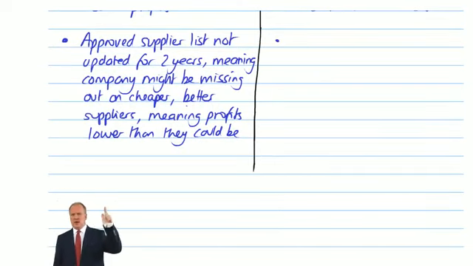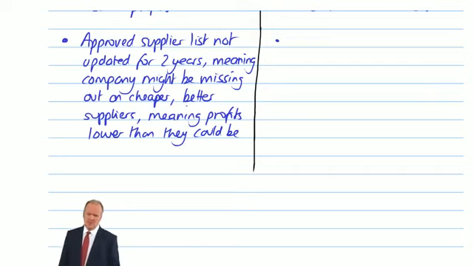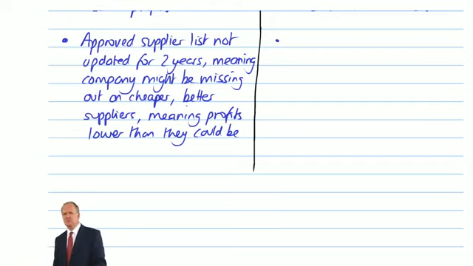Who, how often? Who should be updating the approved suppliers list? Purchasing director, I would have thought. How should they do this? They should go to all existing suppliers on a regular basis, I would say at least every year, maybe even every 6 months, and look to improve the deal.